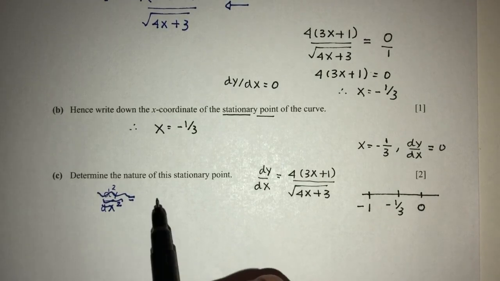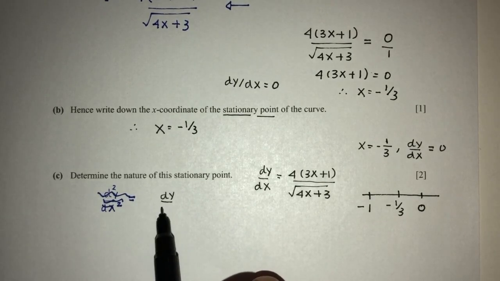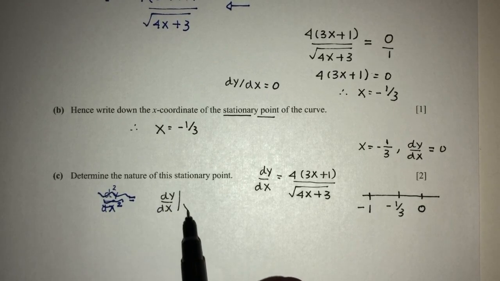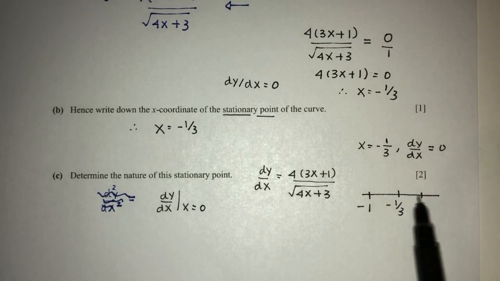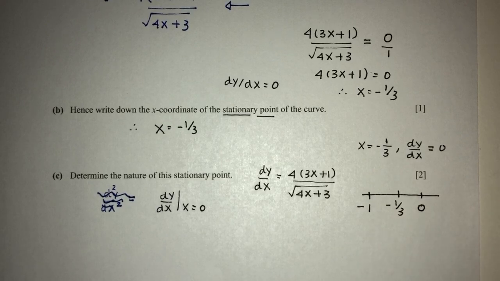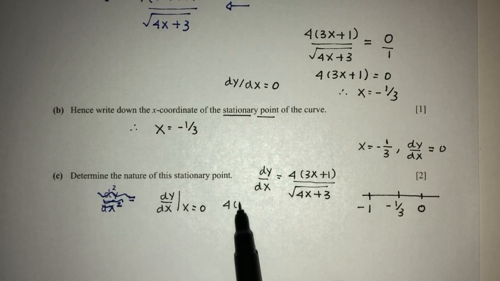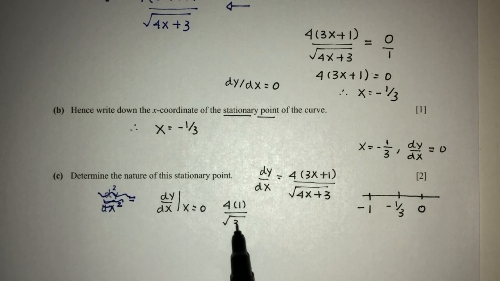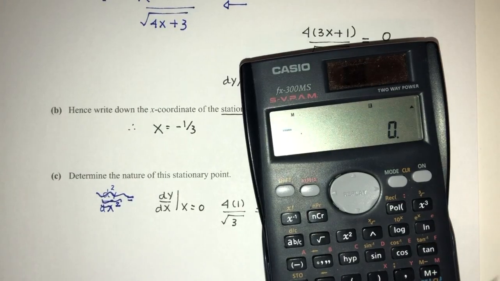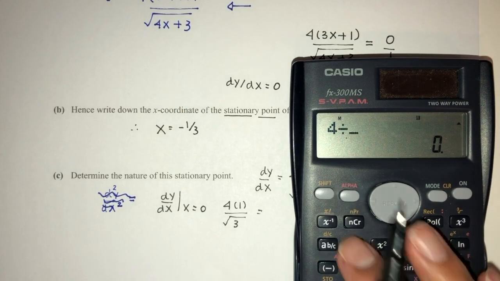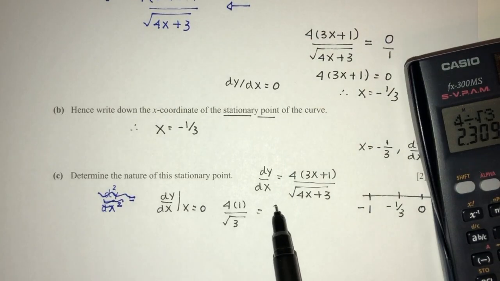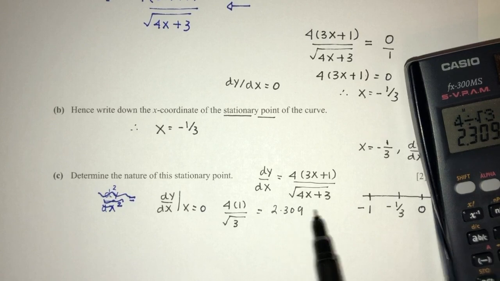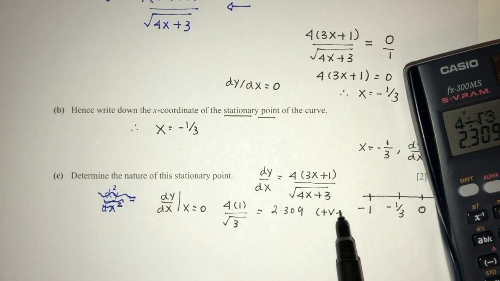So first, let's see, what is the value of dy by dx at the value of x equal to 0 on the right side of that point? That will become 4 times 1 over root of 3. So it will be a positive value. So 4 divided by root 3 will be 2.309. So we have to know it is a positive value.